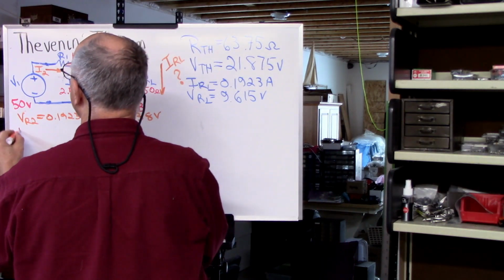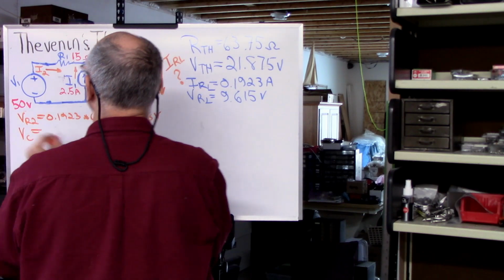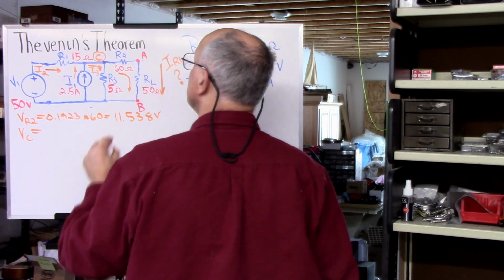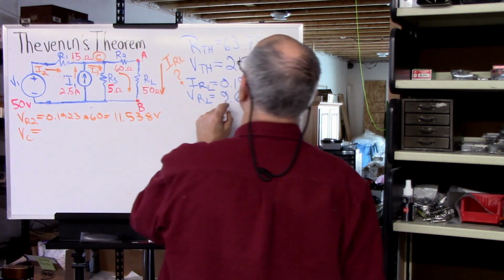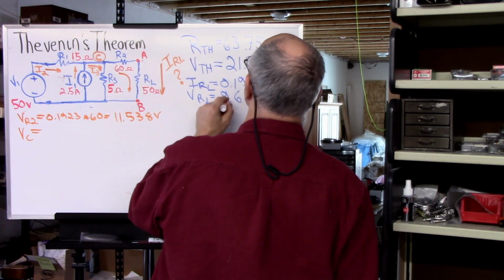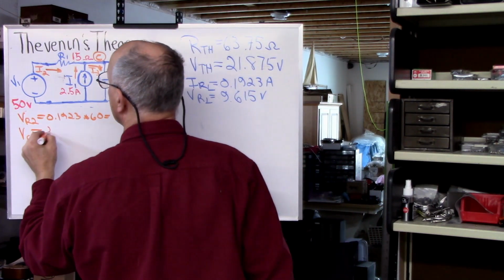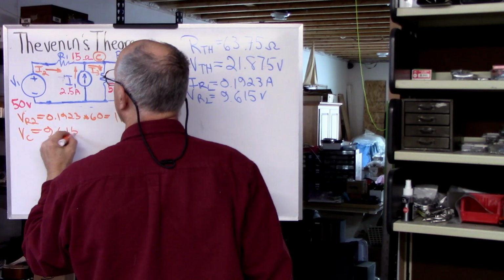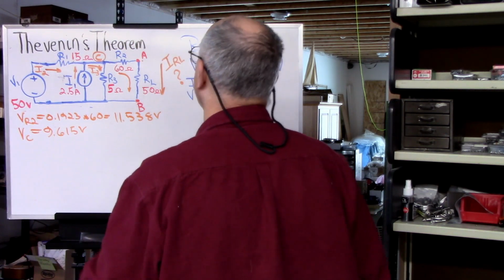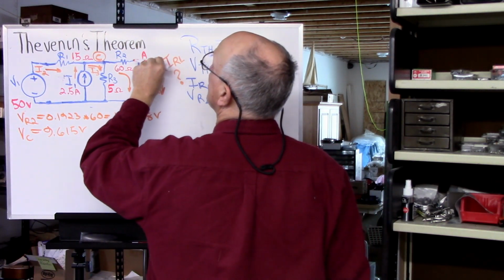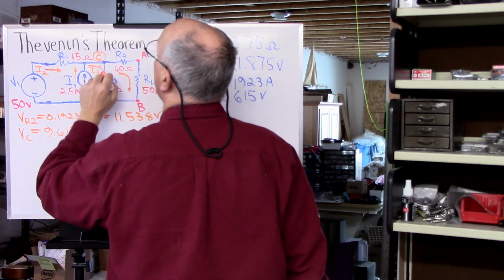So V at C is going to equal the voltage at A, 9.615, and as we're going in this direction, it's going up.